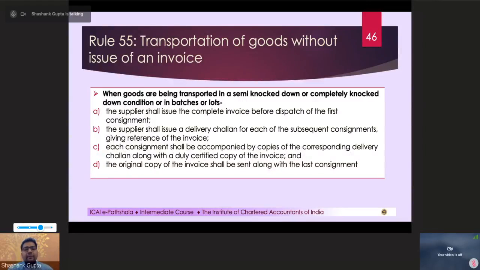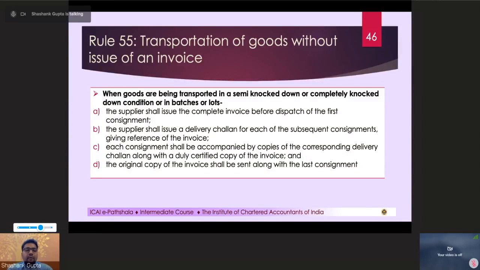No. Maximum 10-15 cars, so there will be at least 7-10 different containers. Now how will the movement happen? This is where Rule 55 helps us. Rule 55 says the supplier is to issue the complete invoice before dispatch of the first consignment. So before you dispatch your first consignment, issue your tax invoice.